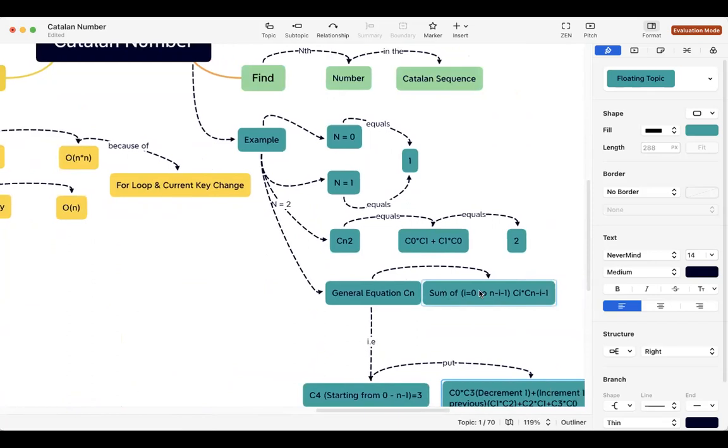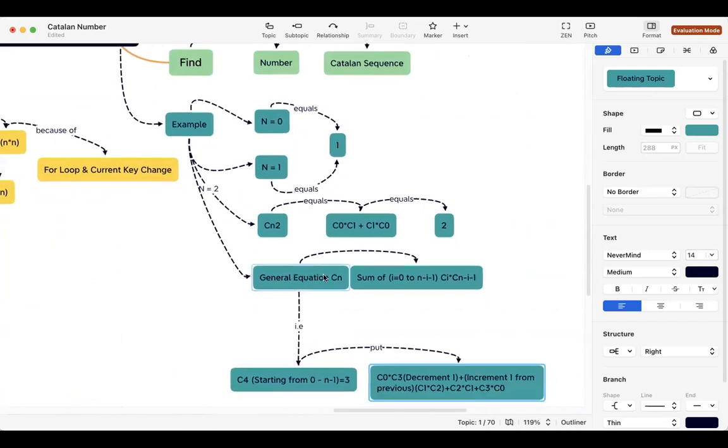Now you understood the Catalan equation, right? For Catalan number 2, you only have two choices: you can either go to Catalan number 0 and multiply the leftmost and the rightmost branch, then add to it. Or you can go to Catalan number 1 and Catalan number 0, multiply them, and then add.